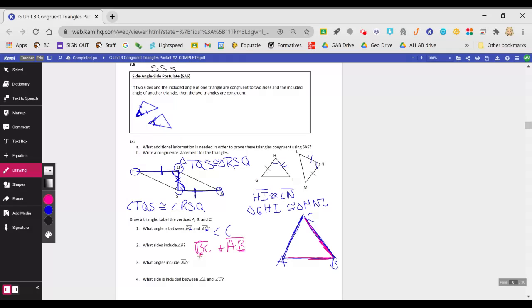What angles include AB? So AB is the side down here. The angles that include AB are angle A and angle B. It's the two ends of the included side. And what side is included between A and C? Well, AC is that blue line that I still have there. So that would be AC.